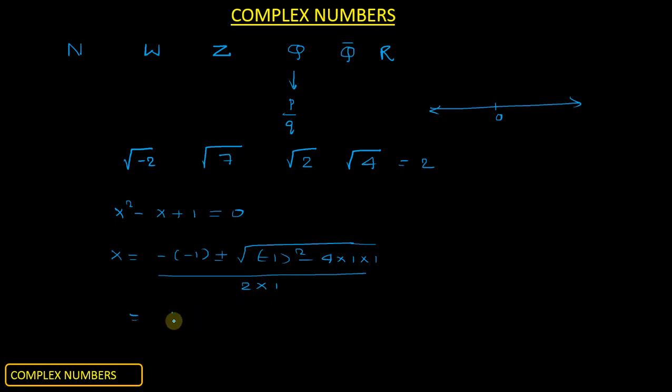So we have 1 plus minus square root of 1 minus 4 upon 2, which is 1 plus minus square root of -3 by 2. So we have got the square root of -3, and the square root of -3 is non-real. So the value of x is here what? Non-real.